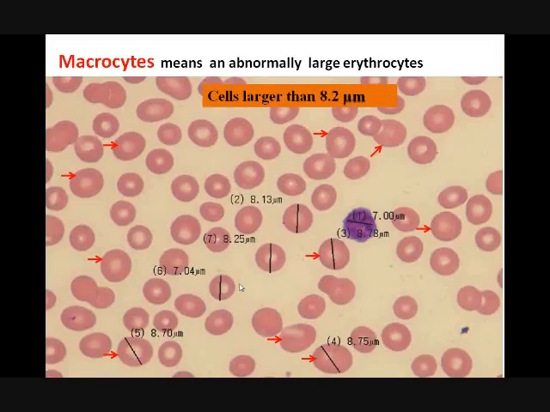Now let's discuss macrocytes. Macrocytes mean abnormally large erythrocytes, cells that are larger than 8.2 microns. As we can see from this picture, most of these cells are greater than 8.2 microns when you measure them against the lymphocyte.